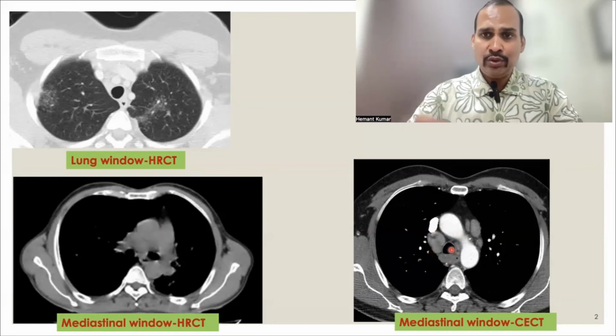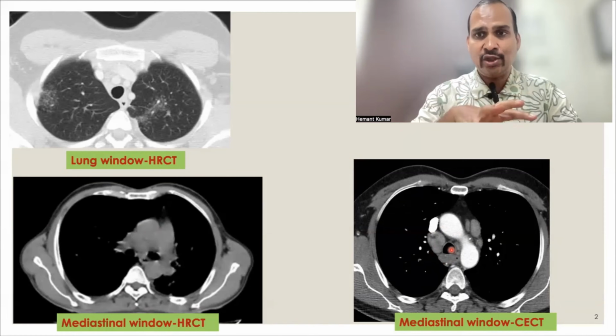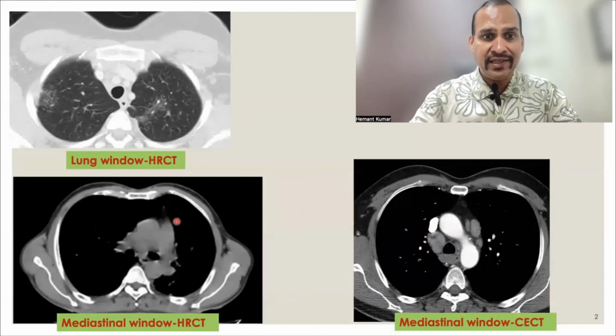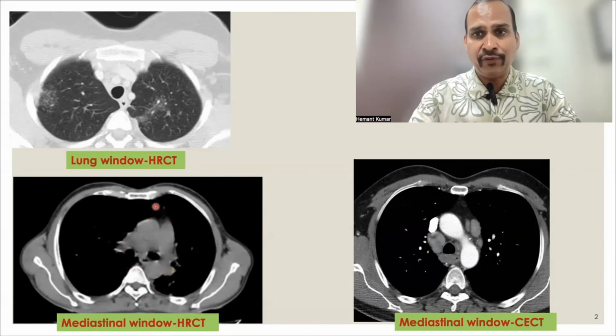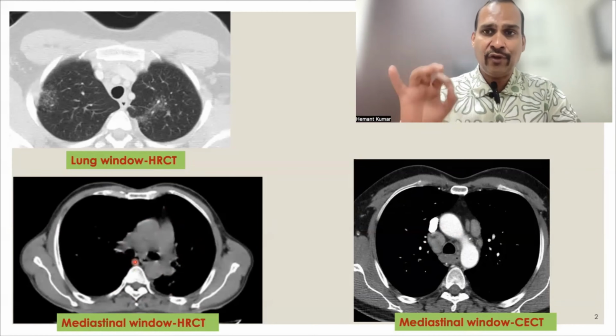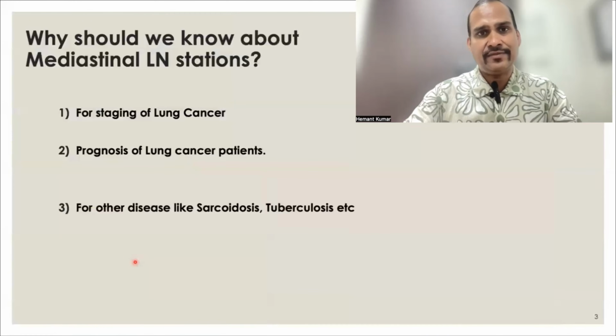If you are going to look at staging of lung cancer or lymph node stations, you have to ask for contrast CT. Otherwise, you cannot differentiate in HRCT which is lymph node and which is blood vessel. So contrast CT is essential for lymph node stations.